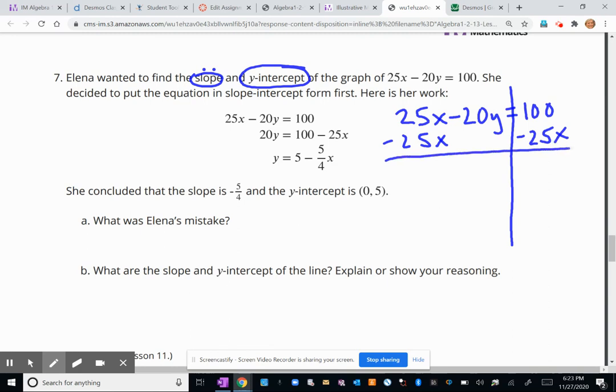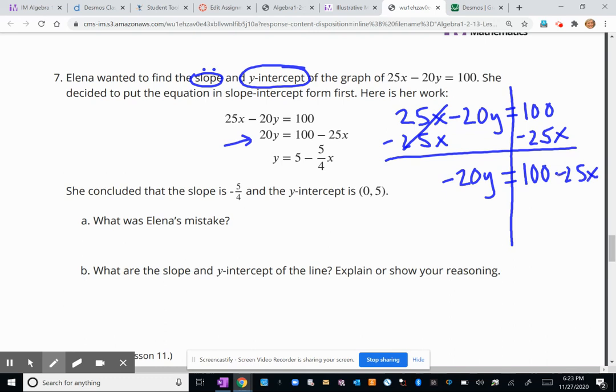And when you do that, because it was minus 20y to begin with, that means that the 20y, when it comes down, it's negative 20y. And it looks like she didn't put a negative in front right there. So that equals 100 minus 25x.